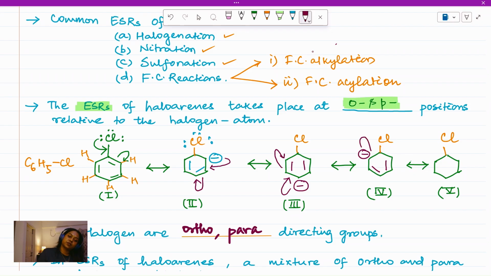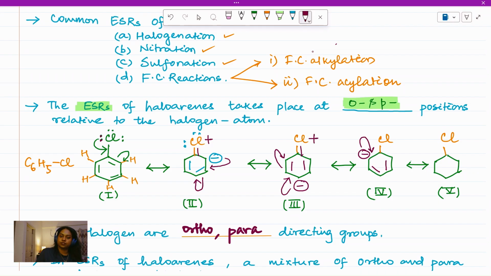And the last resonating structure, this becomes a new bond. Because this lone pair of electrons moved here onto the benzene ring, chlorine has a double bonded structure. We've done that partial double bond nature of chlorine. And it will have a positive charge because one lone pair is already in conjugation with the benzene ring.